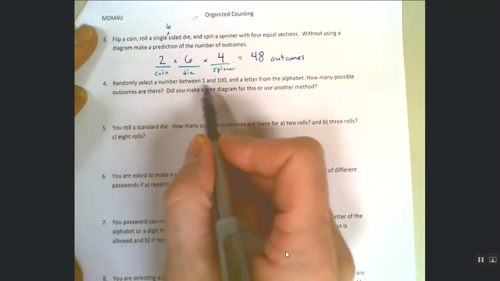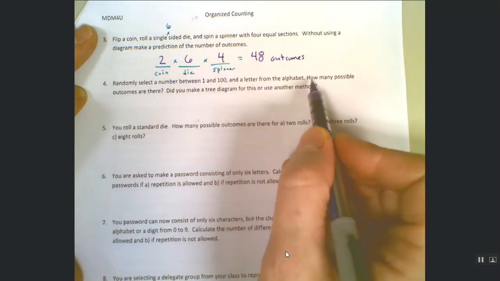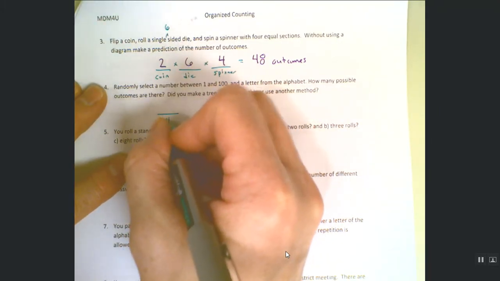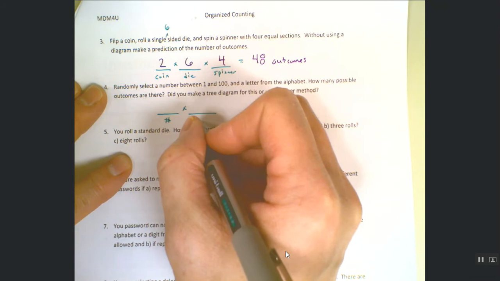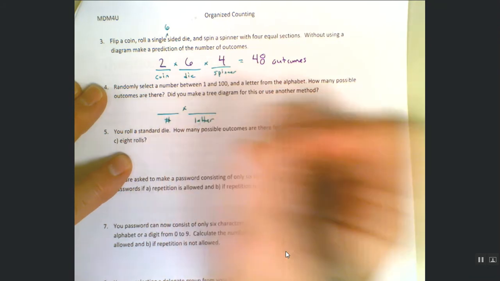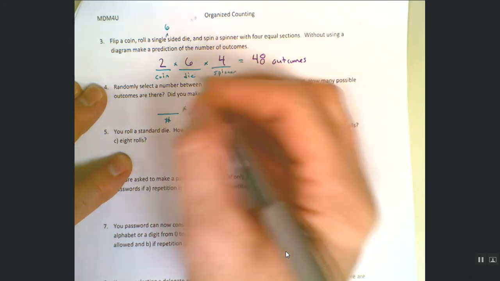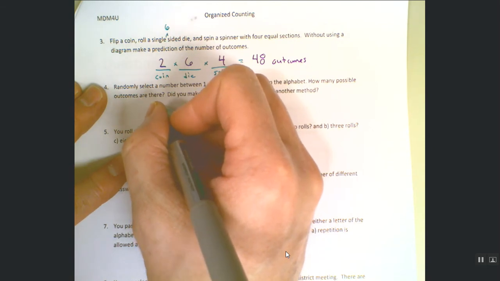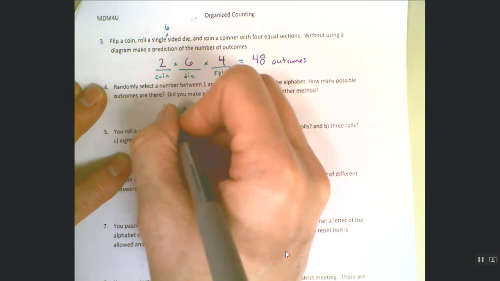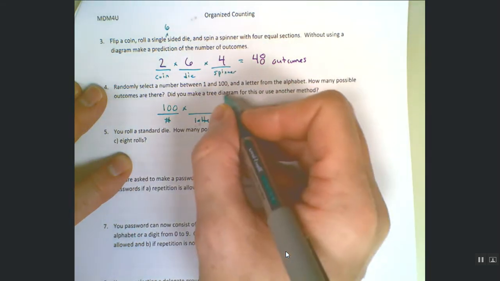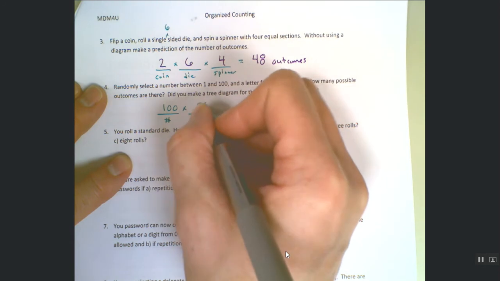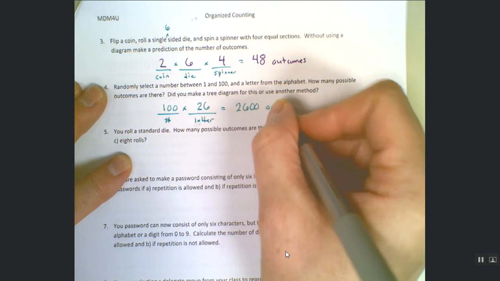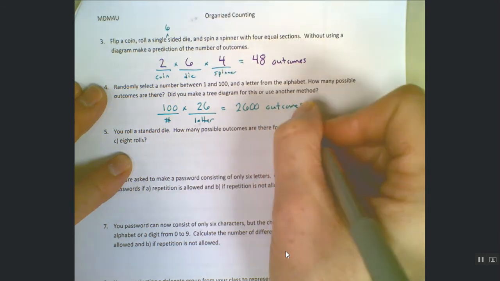Alright, randomly select a number between 1 and 100 and a letter from the alphabet. Well, 1 to 100, you have 100 options there, and then for the letter, there's 26 letters in the alphabet, and you end up with 2600 outcomes.